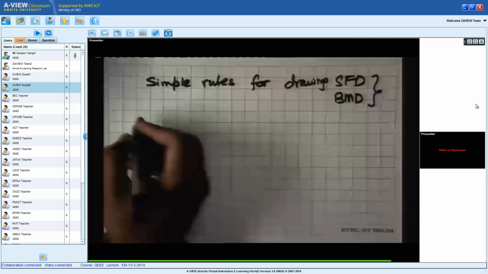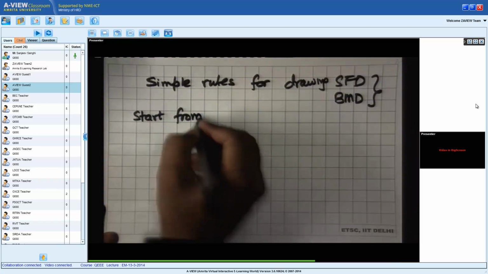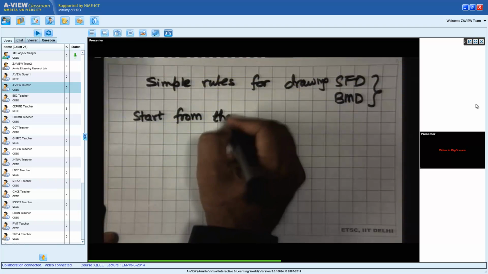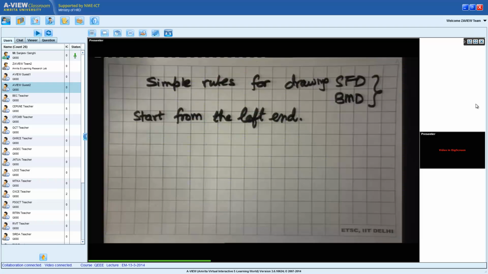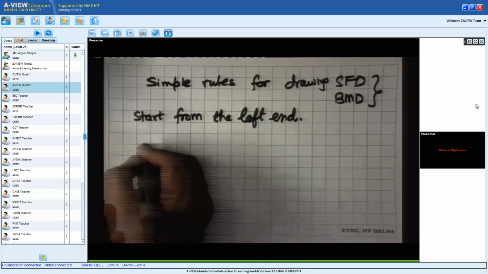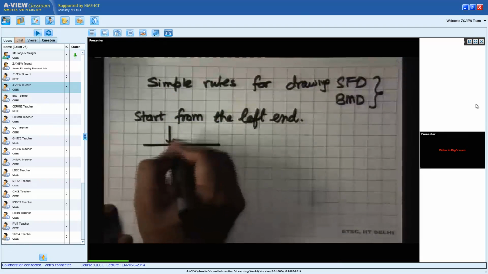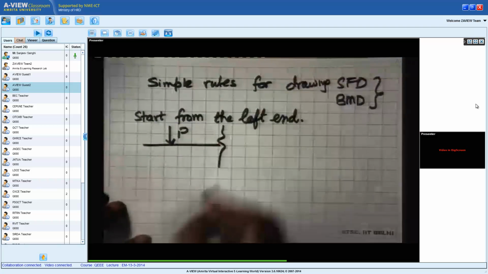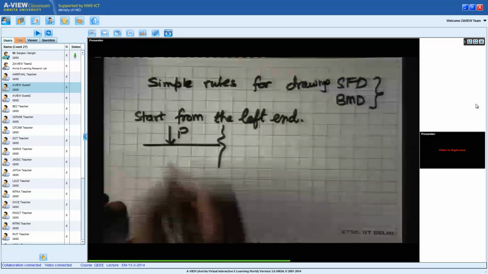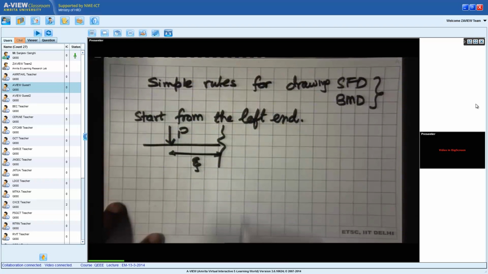What we do is we start from the left end of the beam. Now let us say this is our cut section.